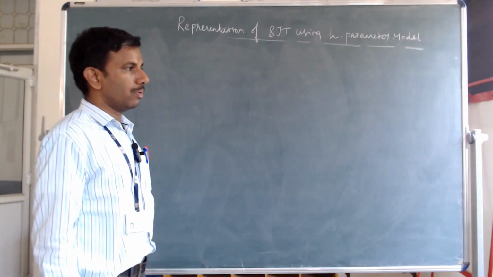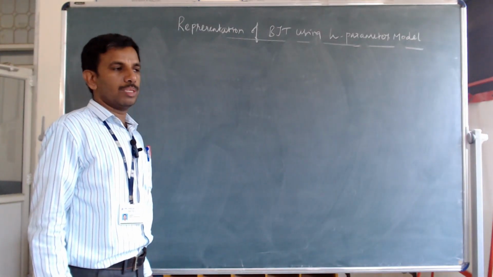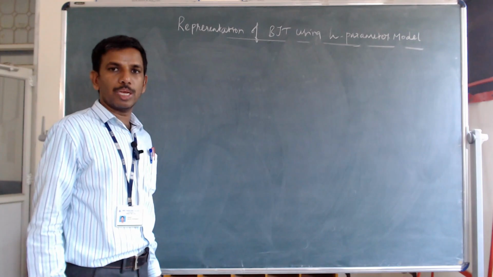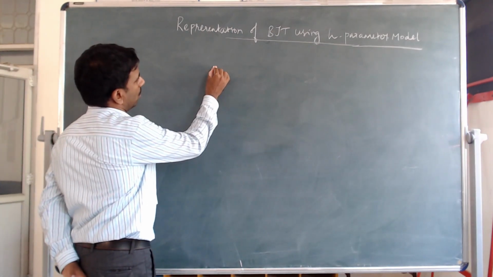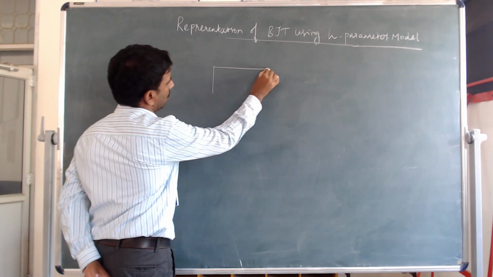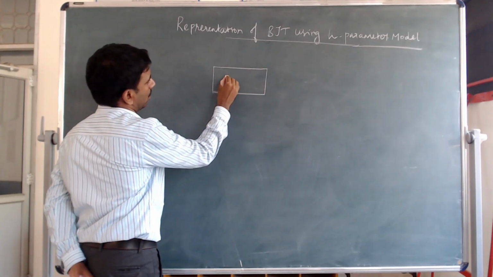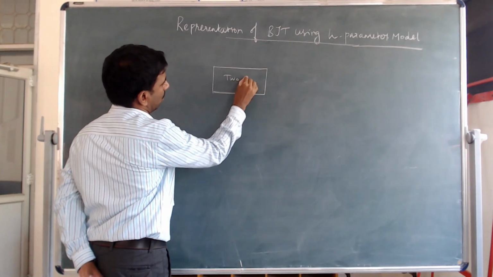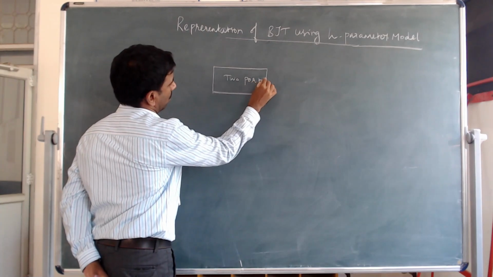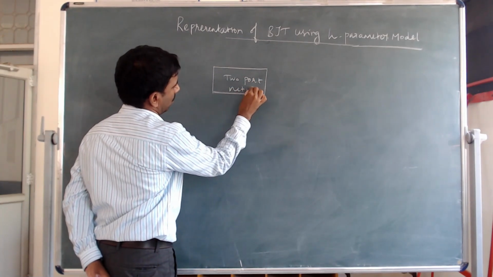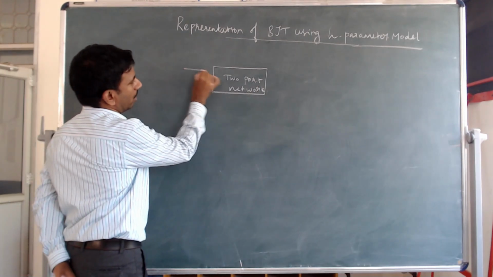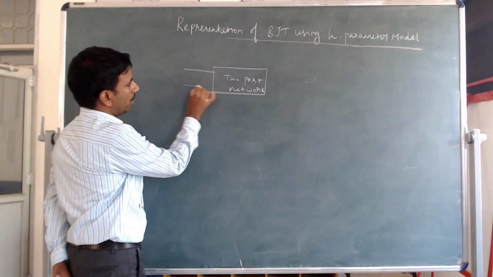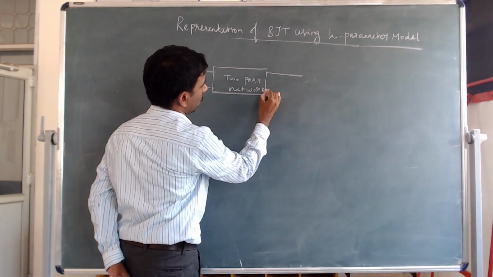Good evening. Today in class we are going to see how the BJT is modeled by using the H parameter equivalent circuit. First we have to consider the two-port network. A two-port network consists of two input terminals and two output terminals.